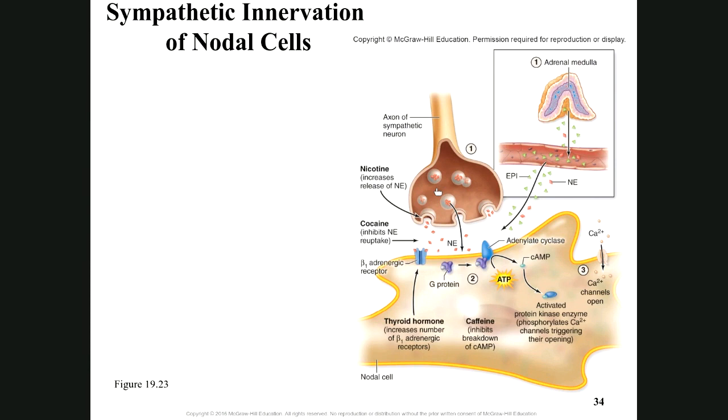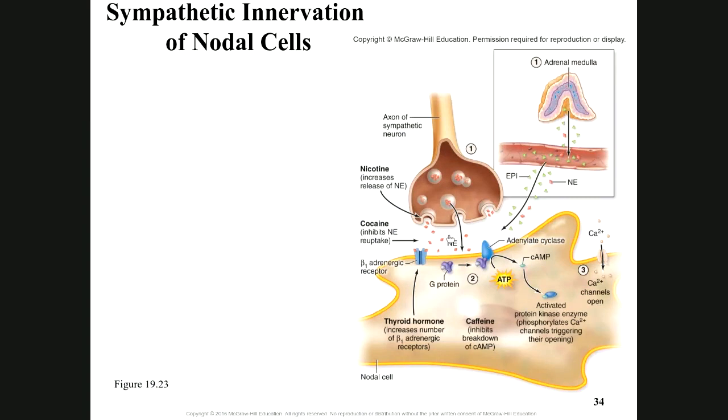The one which is secreted from the nerve terminal is called a neurotransmitter, and the one which is secreted by the medulla is called a hormone. But both of them are the same. As you see here, the sympathetic axon can release norepinephrine and epinephrine, and we also have secretion from the adrenal medulla, which act as the positive chronotropic agent to increase the rate.